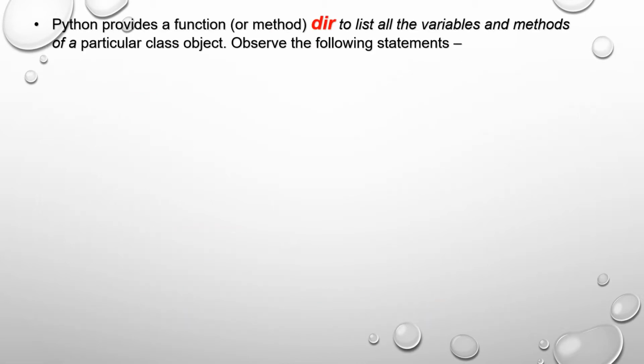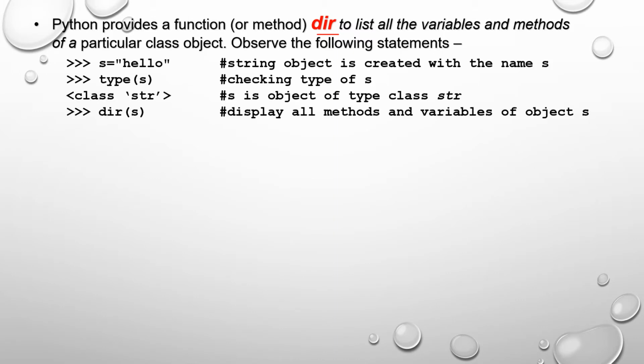Python provides the function dir to list all the variables and methods of a particular class object. Just observe the following statements. Here s is equal to "allo". So "allo" is the string object created with the name s.